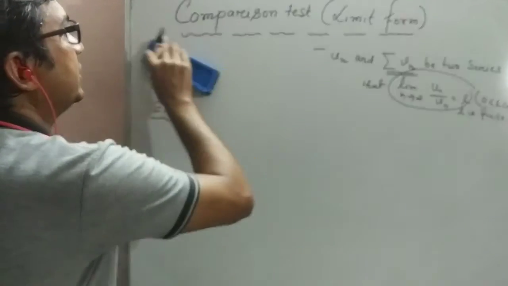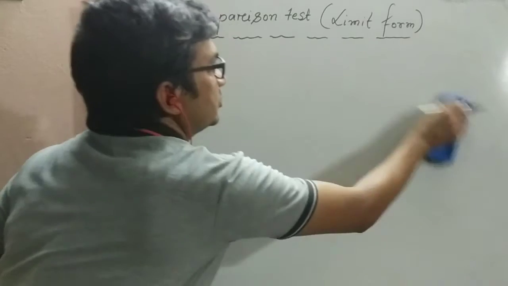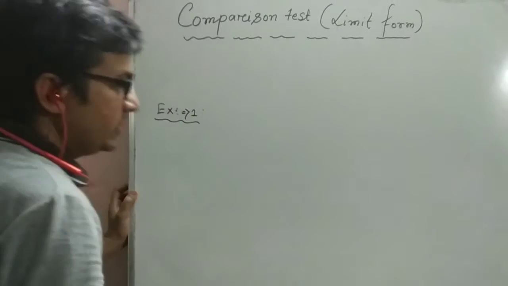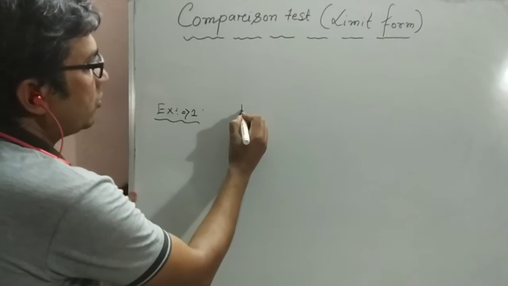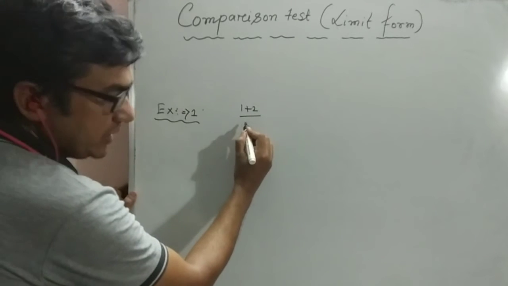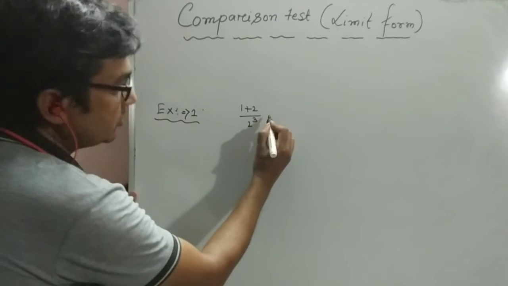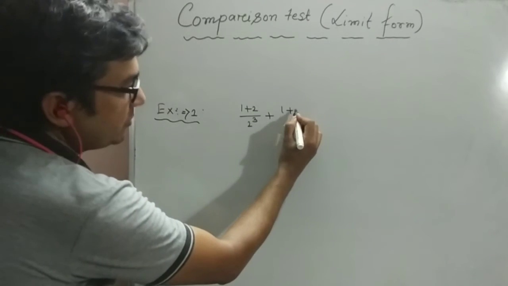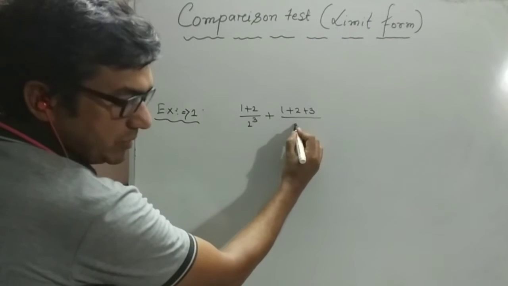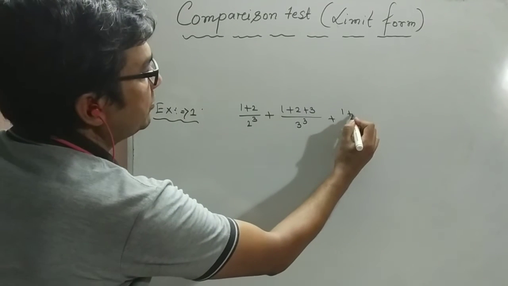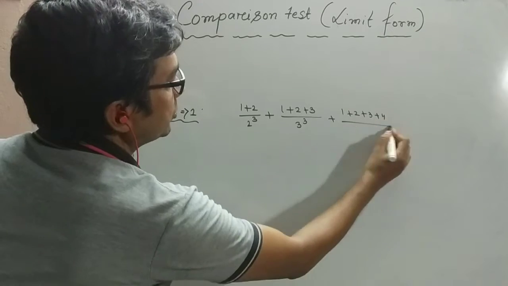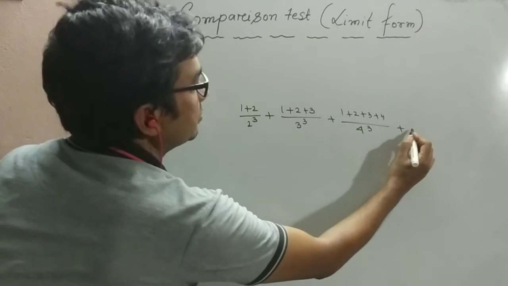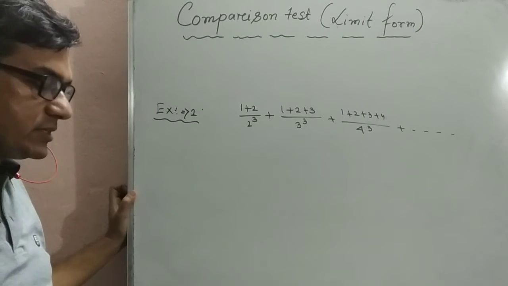Now we clean the board. Example: 1 plus 2 by 2 cube plus 1 plus 2 plus 3 by 3 cube plus 1 plus 2 plus 3 plus 4 by 4 cube plus, this is an infinite series.